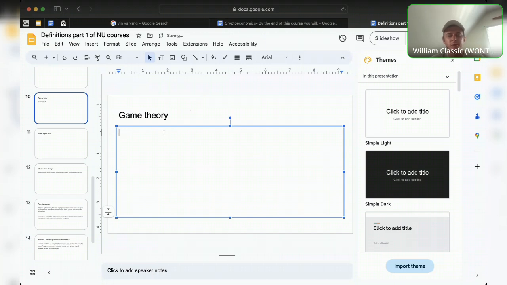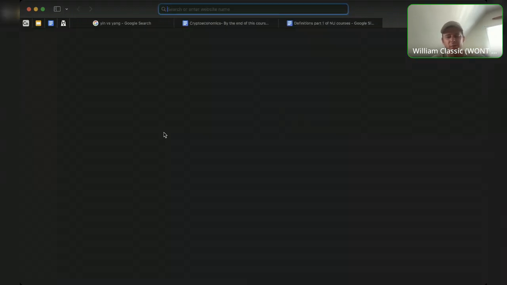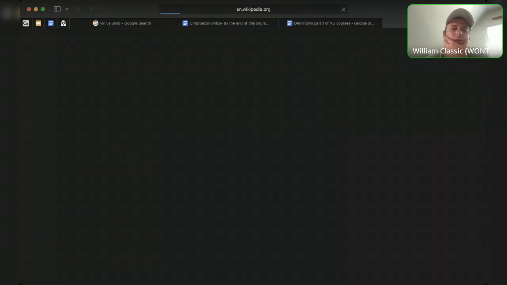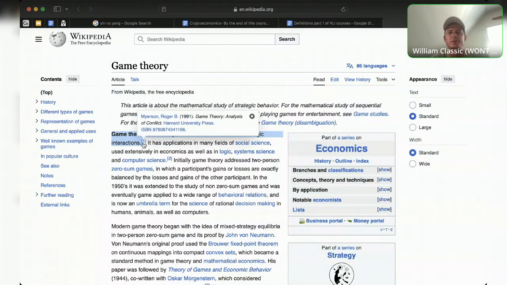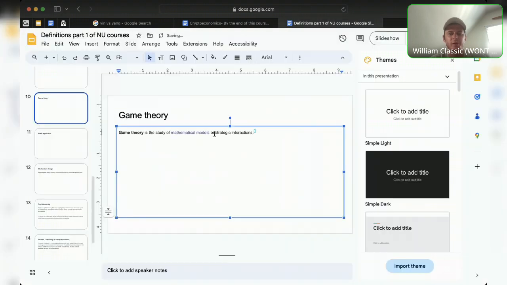I should be just Googling it, but I want to have my own twist on it first. Yeah, this is a good definition: strategic interactions, but I want to give it more than that.